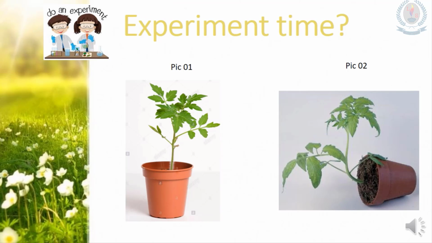Take a healthy plant as shown in picture 1 and keep it fallen for about 1 week. From the beginning, you can see the plant will be straight and upright.